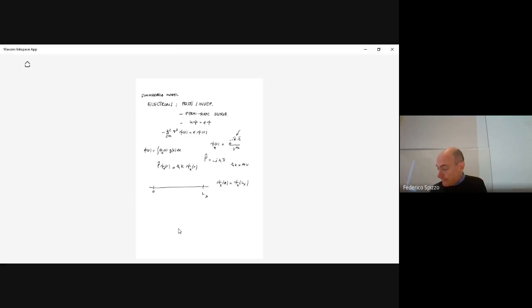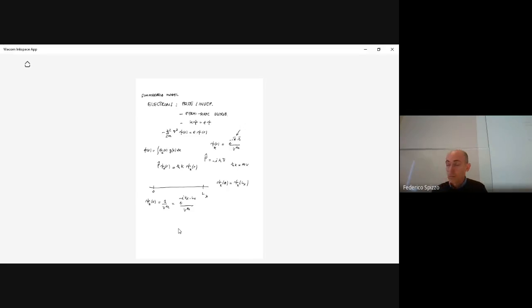So if we apply this condition to the plane wave, we have that psi of k in 0 is equal to 1 divided by the square root of the volume. And this should also be equal to e to the minus i kx times Lx, divided by the square root of the volume. I write kx because I'm just considering one of the three directions of the solid, with Lx the length of the solid.